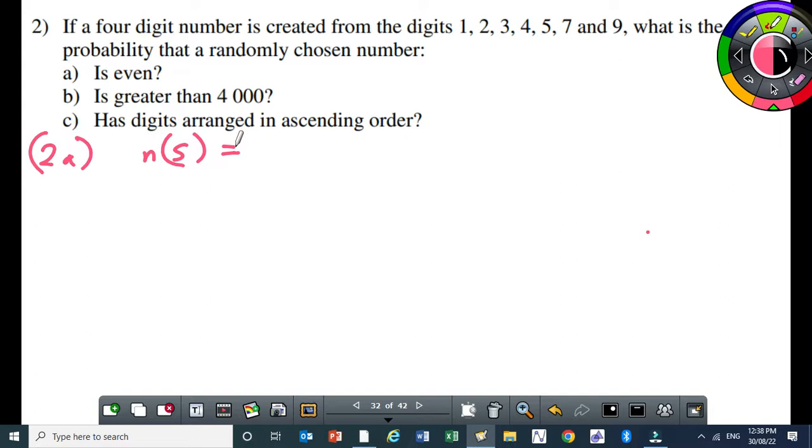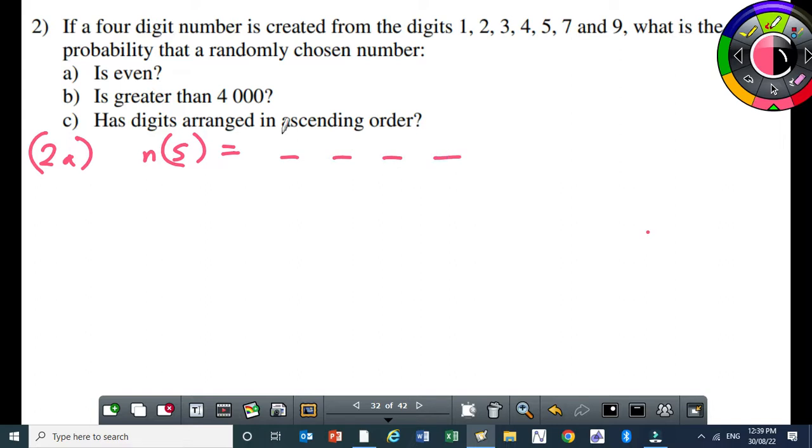So our total in the sample space, if no repetition is taken into account, we have 7 digits. Because it's a 4-digit number, we have 4 positions.